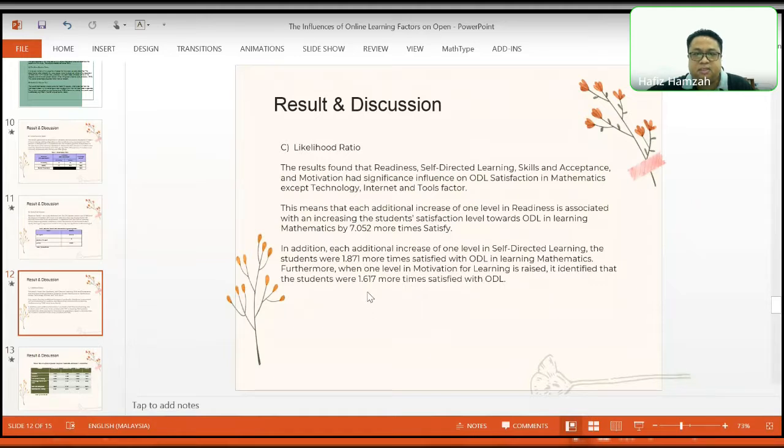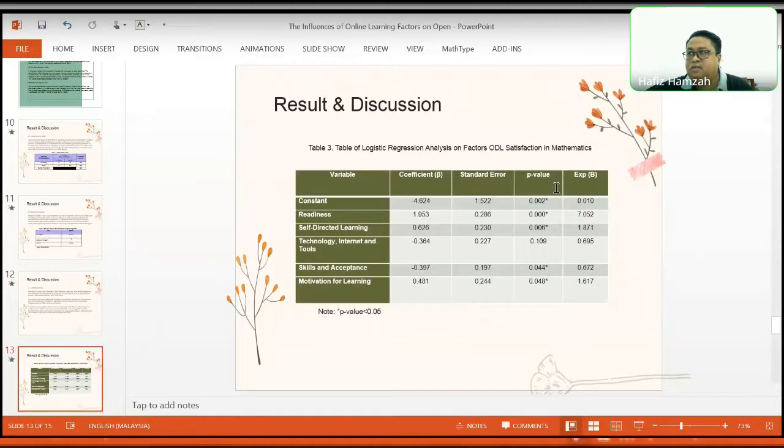In addition, for each additional increase of one level in self-directed learning, the students were 1.8718 times more satisfied with ODL in learning mathematics. Furthermore, when one level in motivation for learning is raised, it identified that the students were 1.617 times more satisfied with the ODL. And also, this study discovered that the odds ratios of both technology, internet, and tool, and skills and acceptance were less than 1.